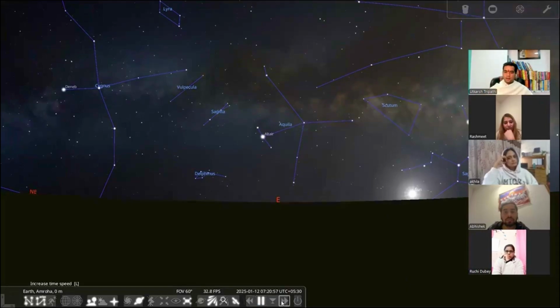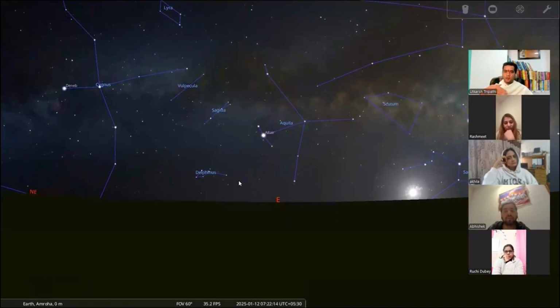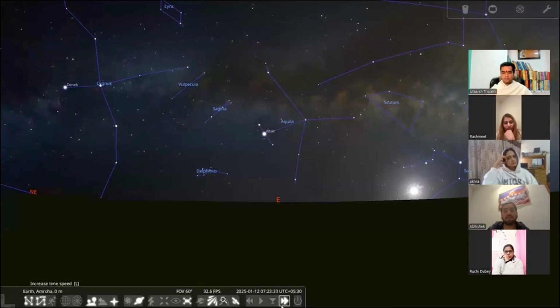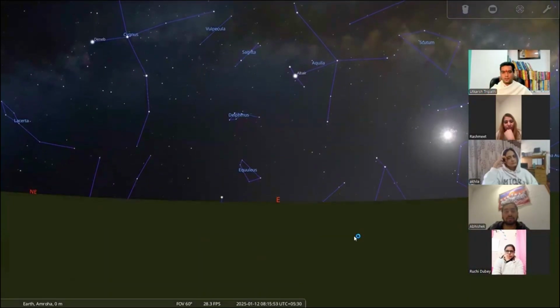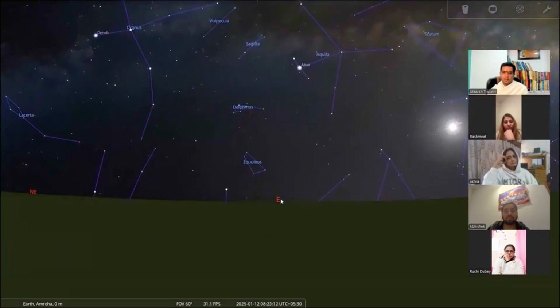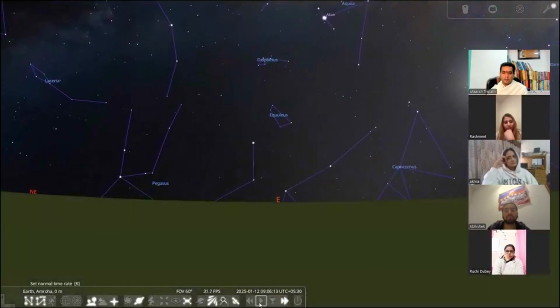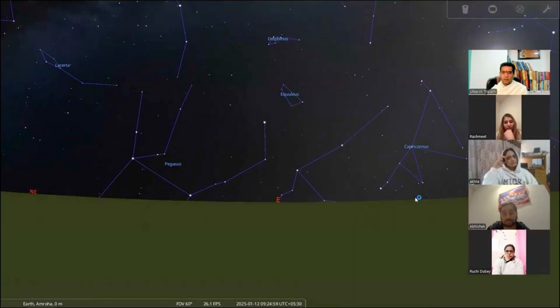Now I will start moving it further up. This is Shravana nakshatra, this is Dhanishta nakshatra. So basically we are near Capricorn, and Capricorn is going up, and now we will start seeing the tip of Aquarius.